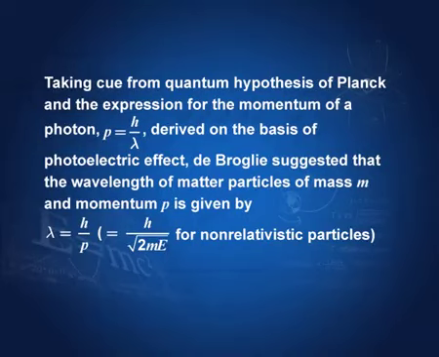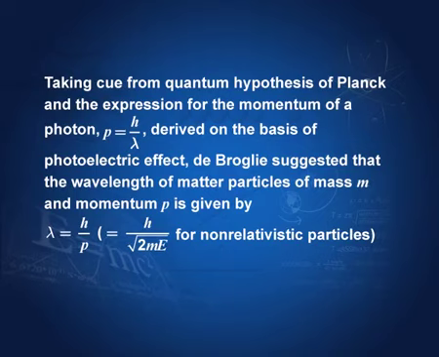Taking cue from the quantum hypothesis of Planck and the expression for the momentum of a photon, p equal to h nu, we have derived this already. He generalized this, that this is true not only of electromagnetic waves, this is true of particles also.